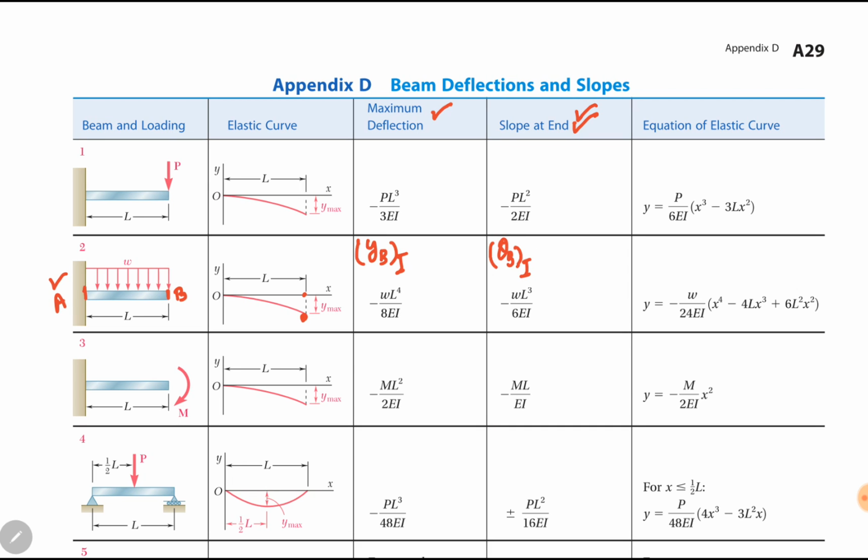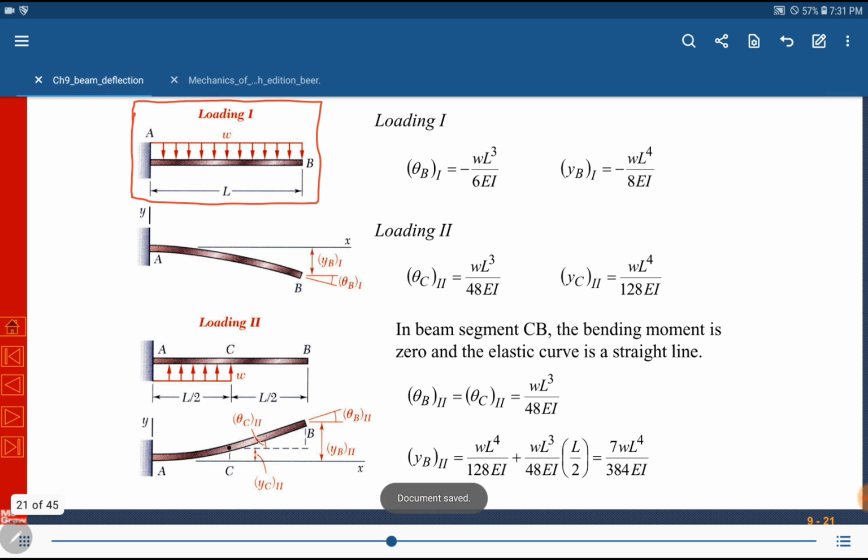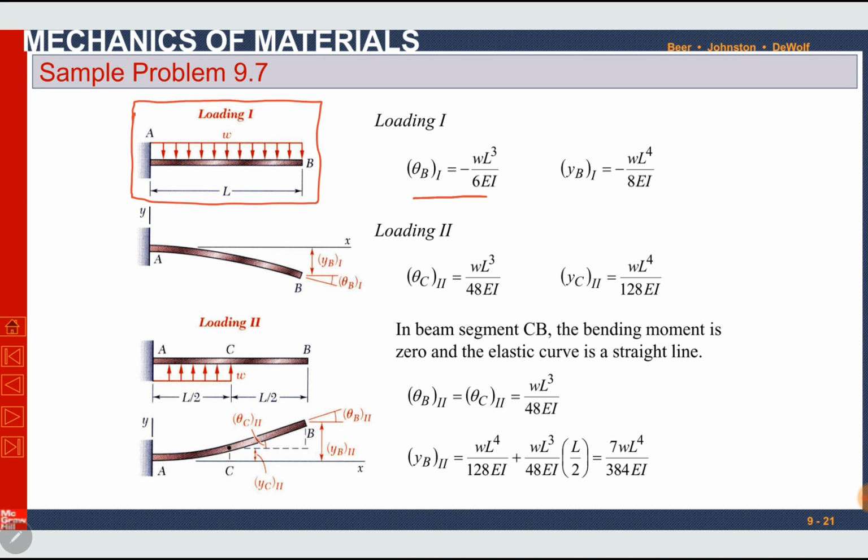So we can directly use these two values in our numerical problem. Minus wL^4 divided by 8EI as yB1. Similarly, minus wL^3 divided by 6EI as thetaB1. So we can use it directly, thetaB1 and yB1, same values from the table.